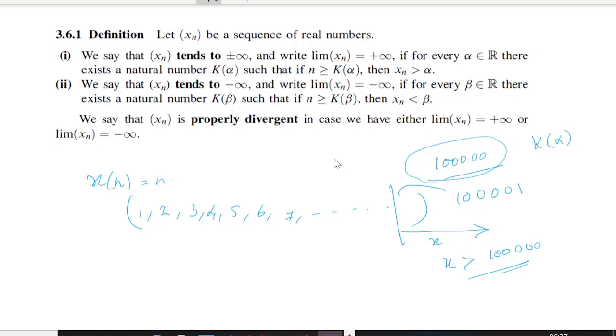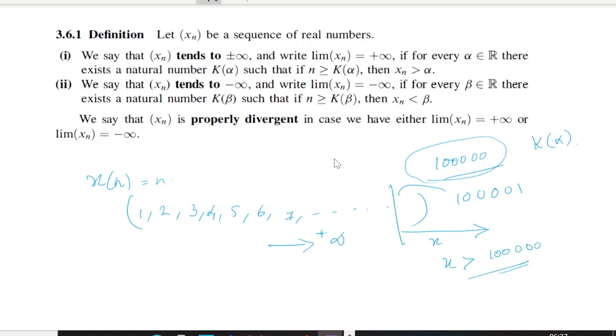If such a case exists, we say that this sequence tends to plus infinity. So we say that limit of Xn is plus infinity.